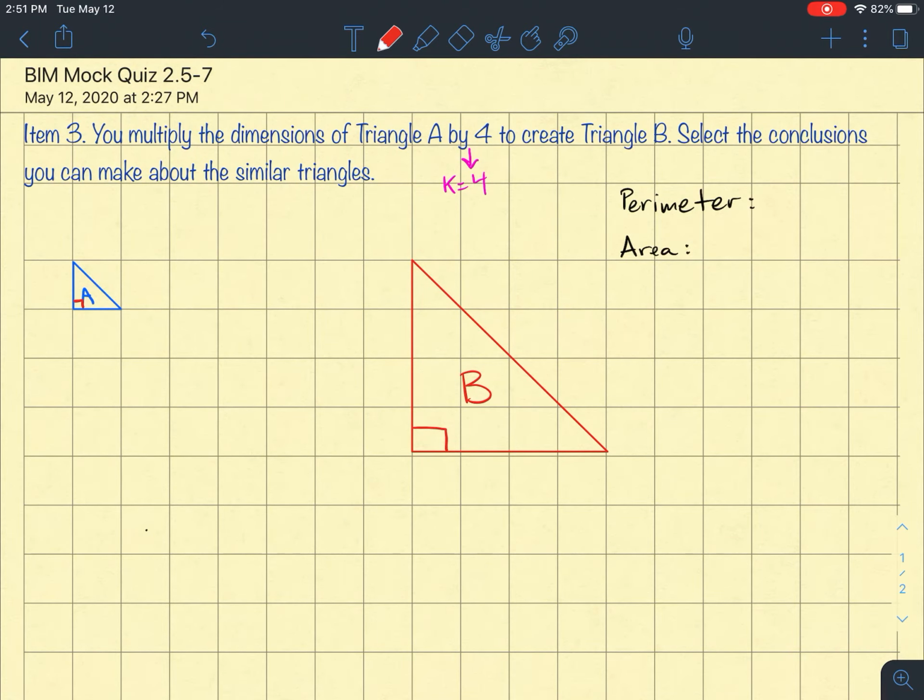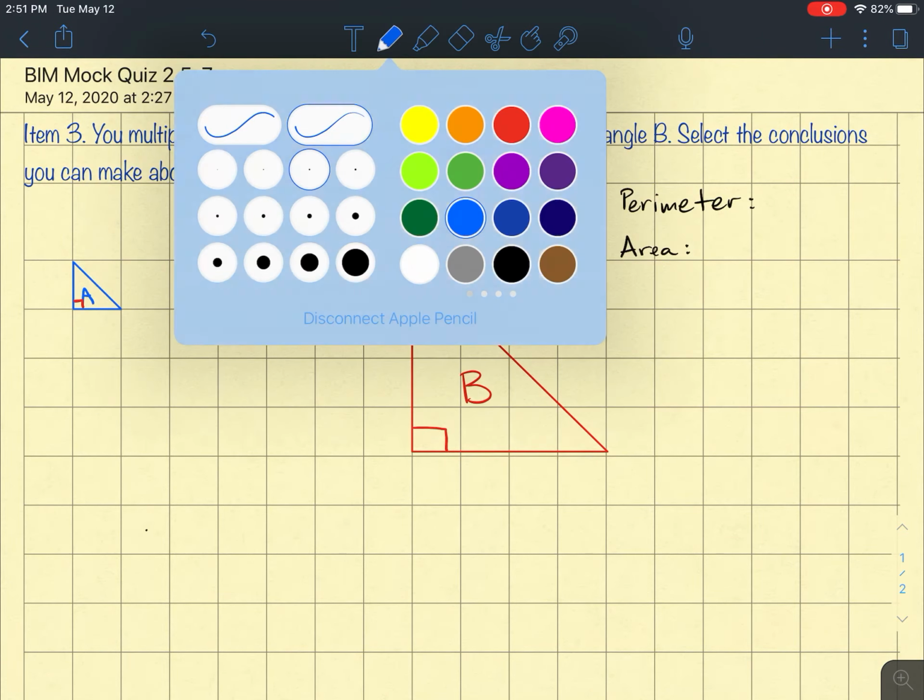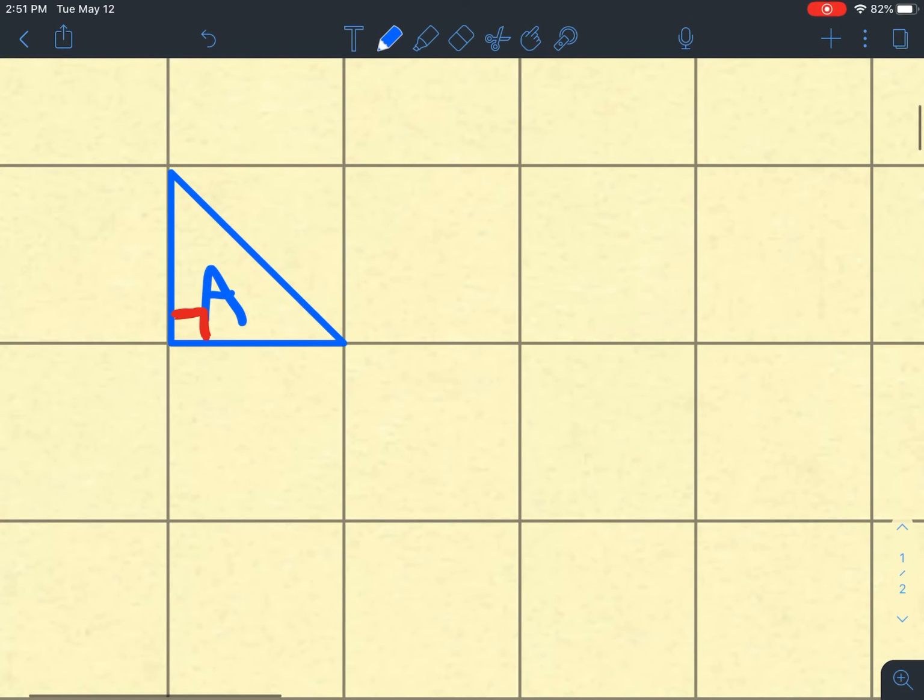So we're going to say that triangle A has a few values. Now there is a 3, 4, 5, 90-degree triangle. So in other words, if one side is 3, this side is 4, and this side is 5, that's a special triangle. Okay, so we're going to use those dimensions for triangle A.